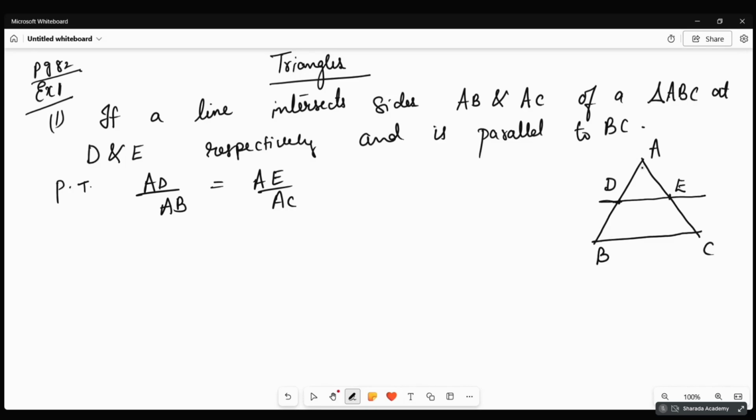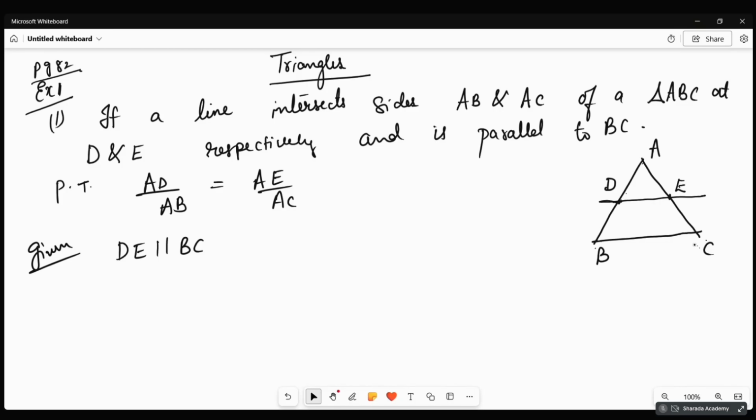In a triangle ABC, AB is intersected at D, AC is intersected at E, and they've given DE parallel to BC. Now what you have to prove? AD by whole line AB is equal to AE by AC. That you have to prove.